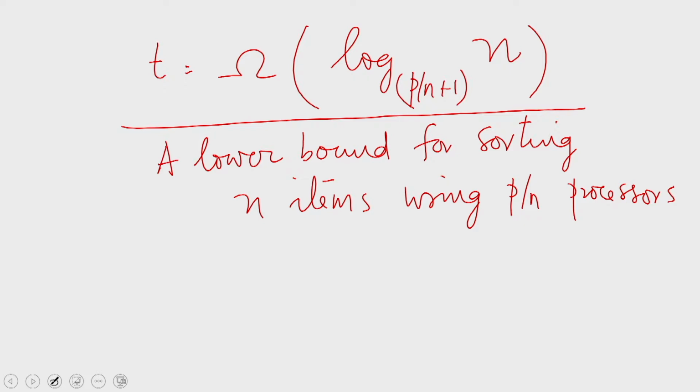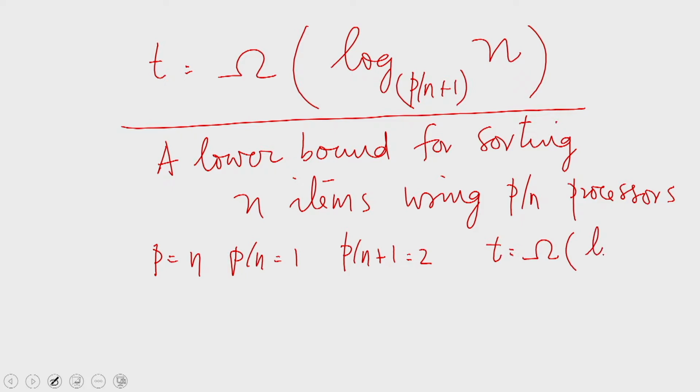So, let us try substituting some particular values for p. In particular, if p equal to n, p by n equals 1 and p by n plus 1 equal to 2, which means the lower bound is log n to the base 2.